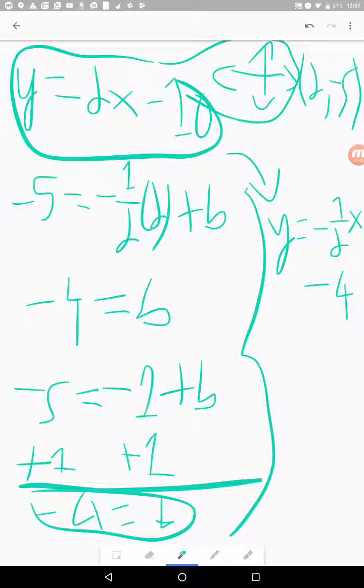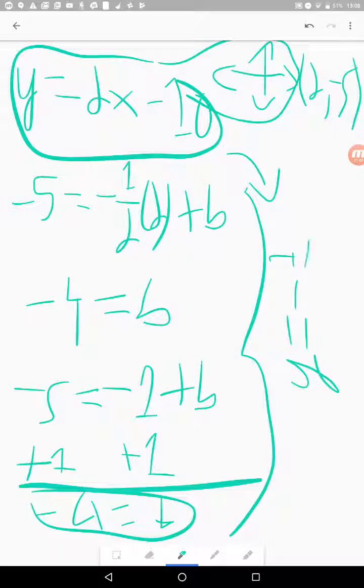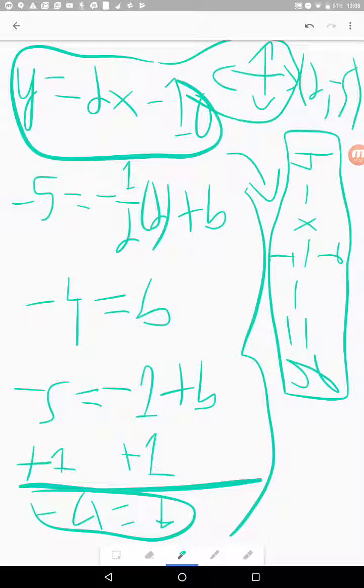I'm going to write that horizontal for y'all to see that. Y equals -1/2 x minus 4. And hopefully y'all can see it better.